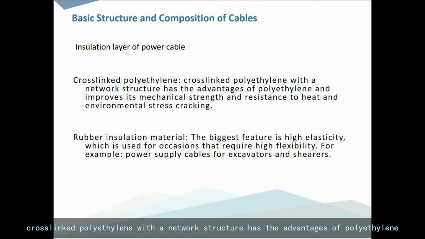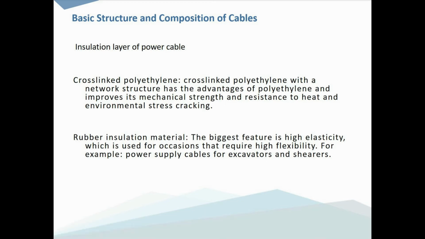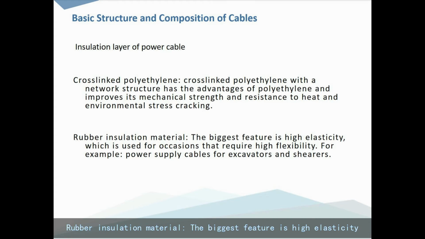Cross-linked polyethylene with a network structure has the advantages of polyethylene, and improves its mechanical strength and resistance to heat and environmental stress cracking. Rubber insulation material. The biggest feature is high elasticity, which is used for occasions that require high flexibility. For example, power supply cables for excavators and shearers.